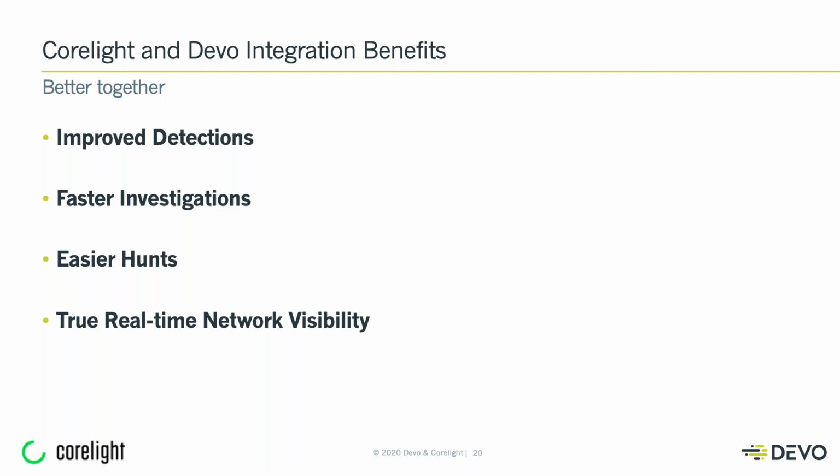It enables faster investigations, uncovering potential threats using Zeek data, those great visual analytics, as well as the Devo no-code query capability for faster mitigation of threats. You get analyst-tailored workflows that help you triage, investigate, and respond.